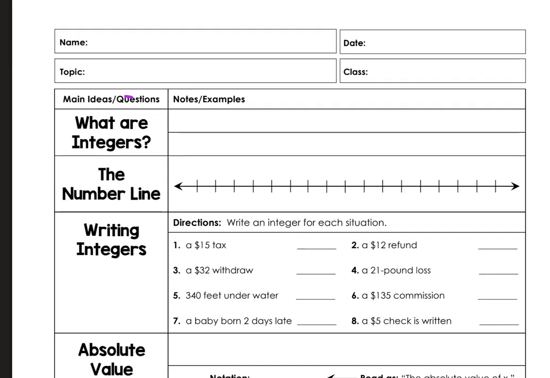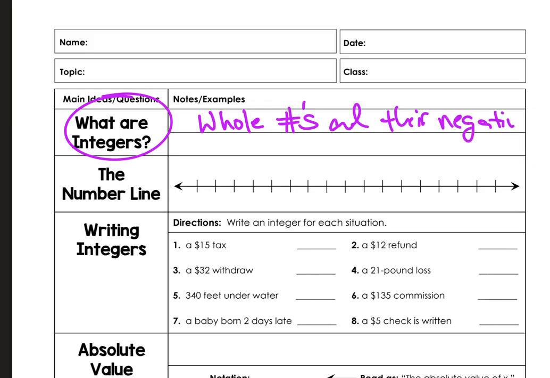So first question is, what are integers? Well, they are basically whole numbers and their negatives. So if you're not sure what I mean, let's start by labeling some whole numbers. Like 0 is a whole number, 1, 2, 3, 4, 5, 6, 7, 8.